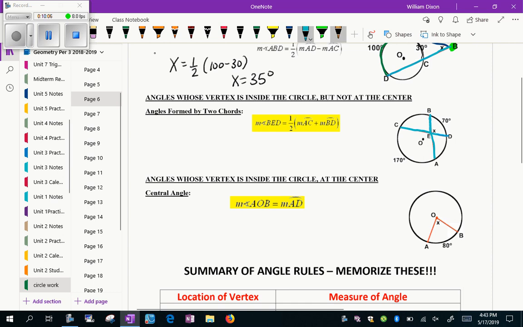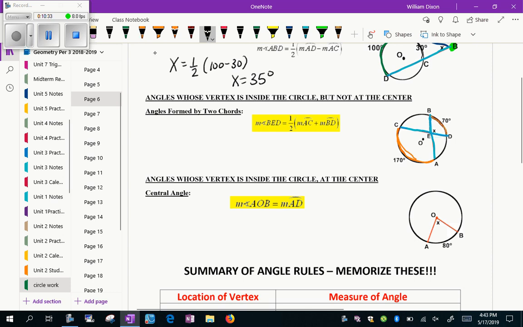Well, the intercepted arc of both, one is BD, and the other one is CA. What I like to do is I like to think of this as the average of the two. So it's 1/2 of the average of the two arcs. And that's my rule.